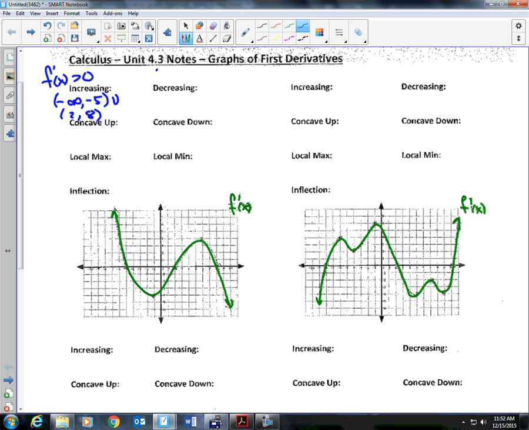It is decreasing wherever f prime of x is less than 0. Where is f prime of x less than 0? Negative 5 to 2, 8 to infinity. Very good.